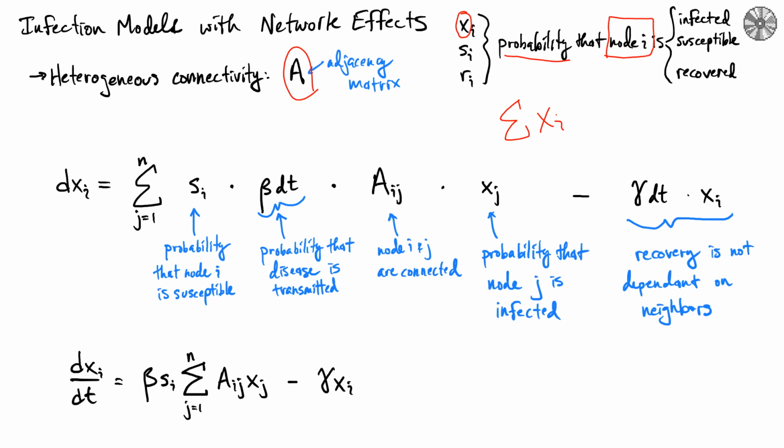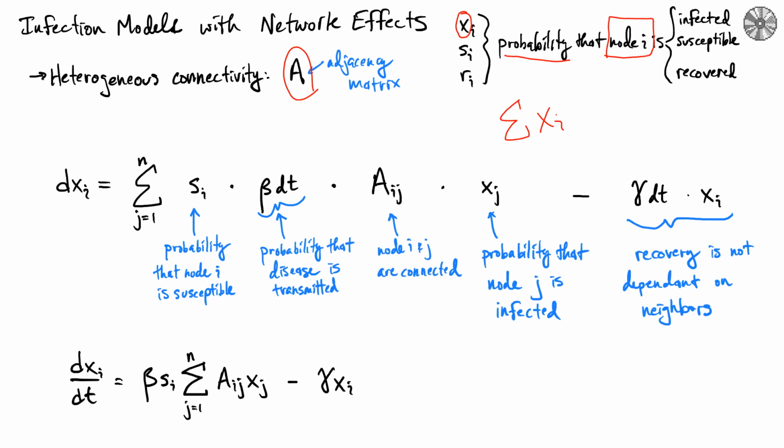Just like if you flip a coin 6 times, the number of heads that you would expect is 3, simply because it's a half plus a half plus a half plus a half plus a half plus a half, and that gives you 3. With that same logic, by summing up X_i over all the nodes of the network, we can get the number of nodes that we expect to be infected.